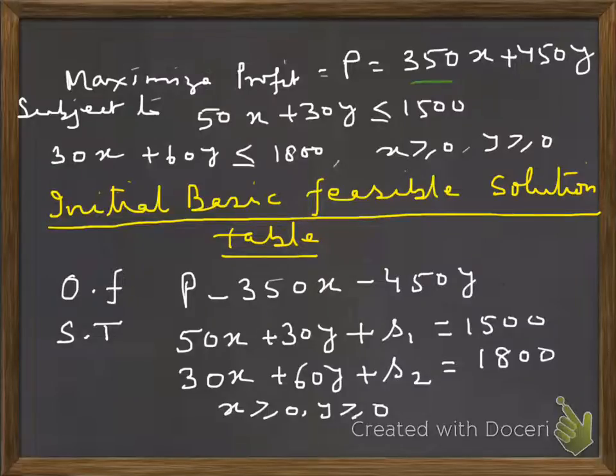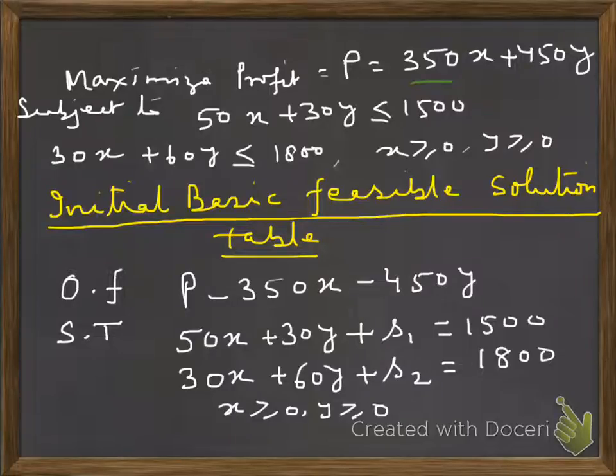You notice that if the constraints are less than equal to type, as you see here, since you are adding some variable like s1 and s2 to make the constraints equal, you will notice that s1, s2 or such kind of variables which you are introducing to convert a less than equal to into equal to, these variables will become basic variables.